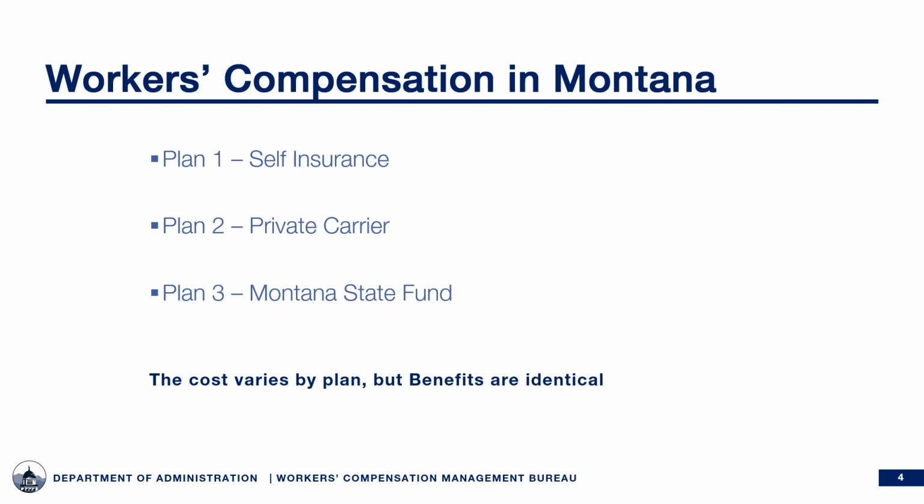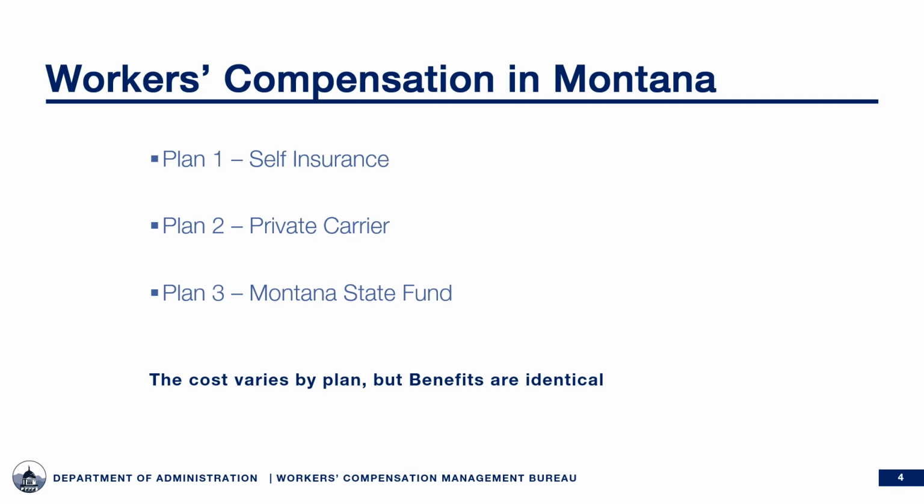Plan 2 is private carrier. In this plan, companies can purchase workers' compensation insurance coverage through a third-party insurance company. And the third plan is Montana State Fund. Montana State Fund is the guaranteed insurer for workers' compensation in the state of Montana.